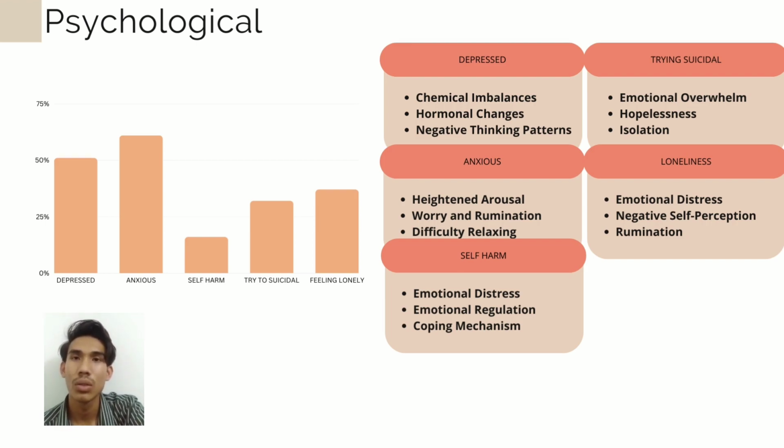And then they also feel hopelessness. Prolonged stress can override an individual's sense of hope. When people feel that their stressors are insurmountable and that their circumstances will never improve, they may perceive suicide as the only option to end their suffering.